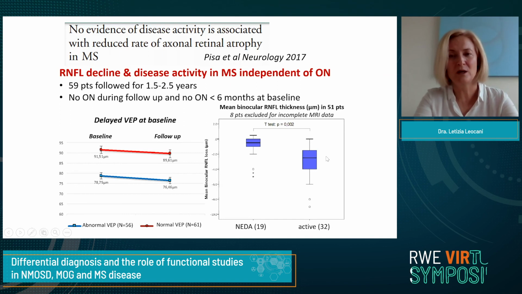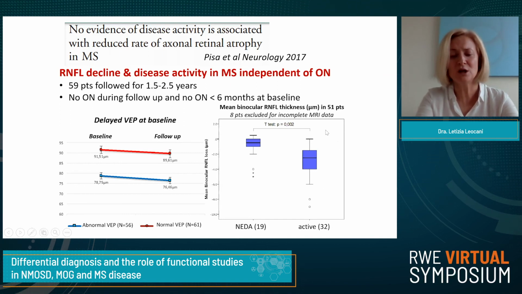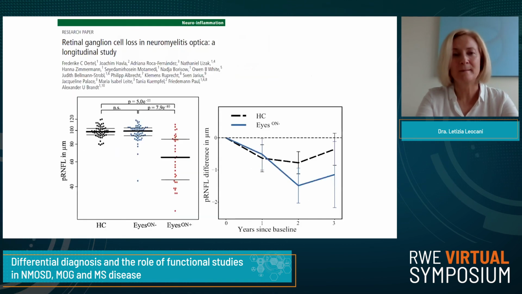So we can consider that poor control of the disease can be associated with continuous neurodegeneration in the optic nerve. So we can use OCT also to monitor treatment response if validated in larger cohorts.